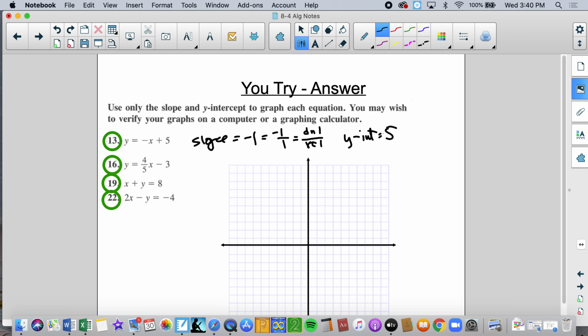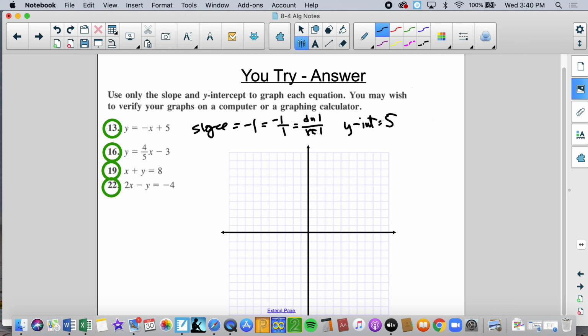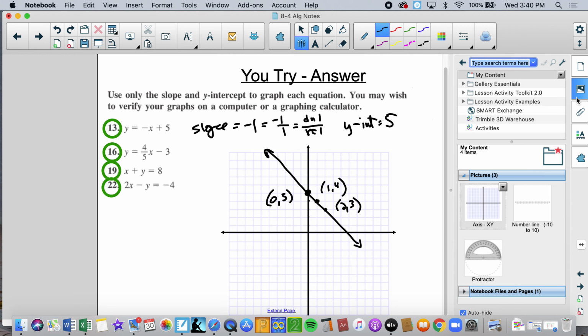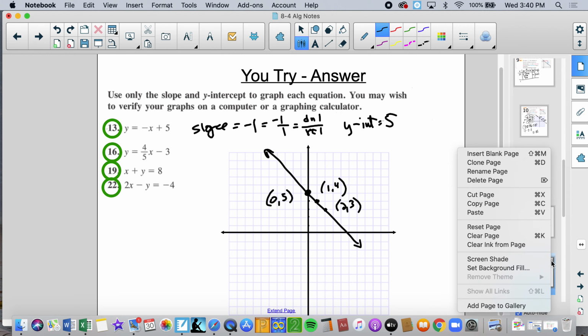My y-intercept is 5, 1, 2, 3, 4, 5. I know that point. And now I'm going to use the slope of -1, which is down 1, right 1, down 1, right 1. I connect the dots. I put arrows on my lines. I'm going to label my points (0, 5), (1, 4), (2, 3). And then I'm done.